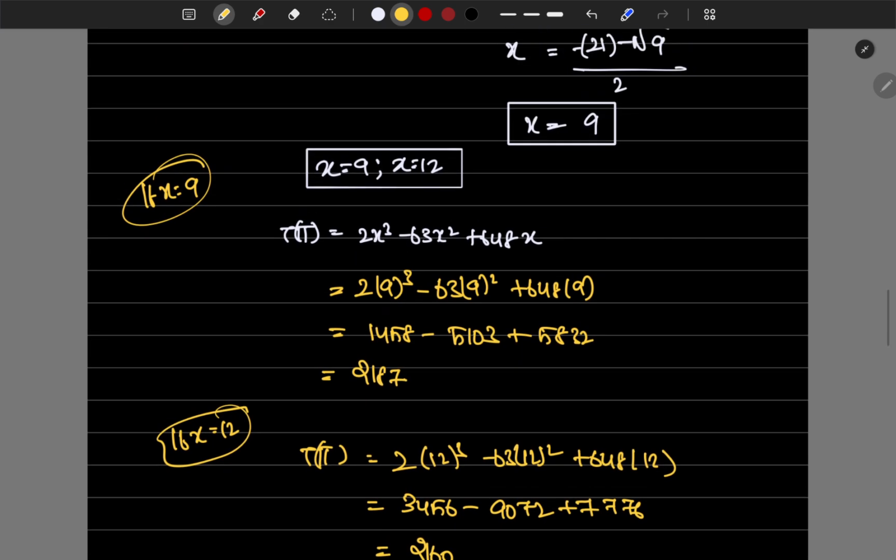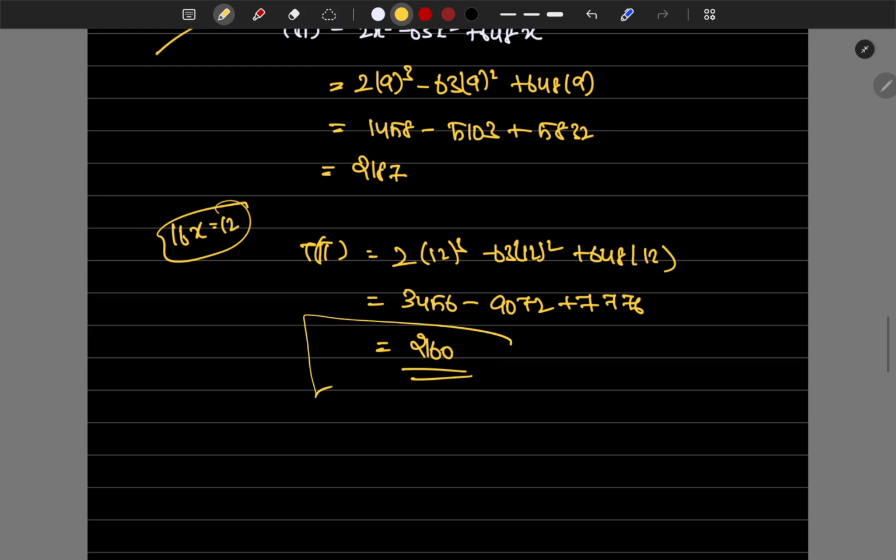So if the number of units is 9, the profit will be 2187. If the number of units is 12, the profit is 2160.